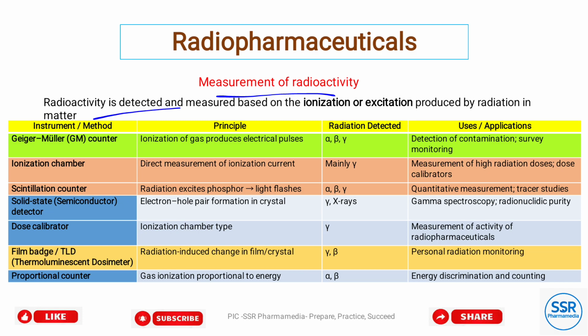So next is the measurement of radioactivity. Radioactivity is detected and measured based on the ionization and excitation produced by radiation in matter.